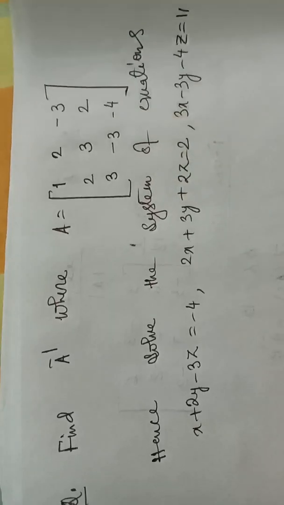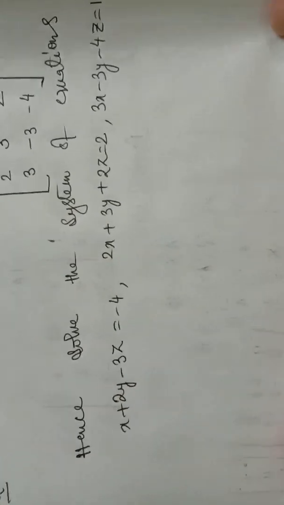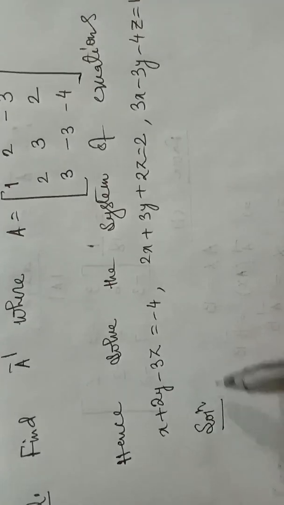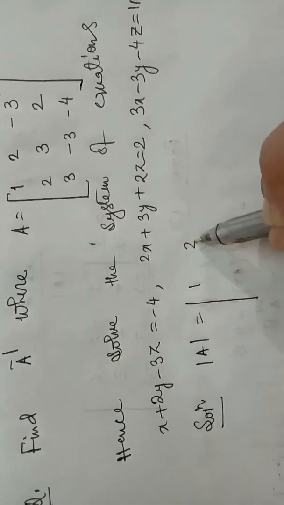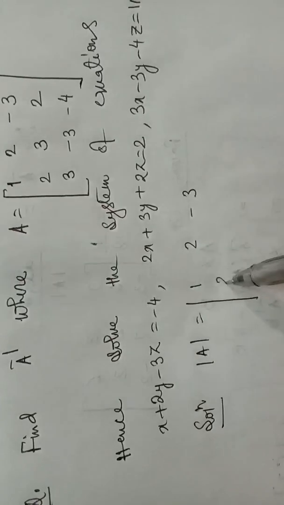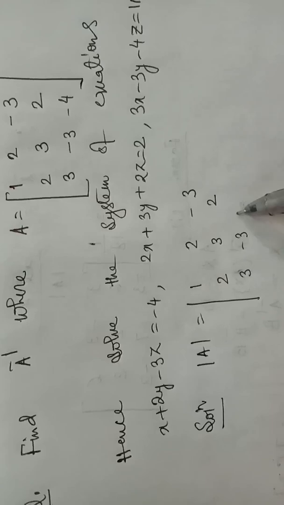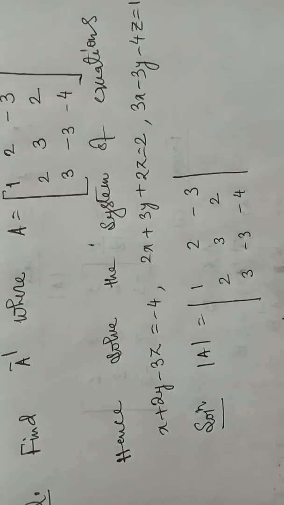Okay. First we have to find A inverse, and for that we have to find det of A. So det of A is equal to the determinant 1, 2, minus 3, 2, 3, 2, and 3, minus 3, minus 4. You know how to expand a determinant.